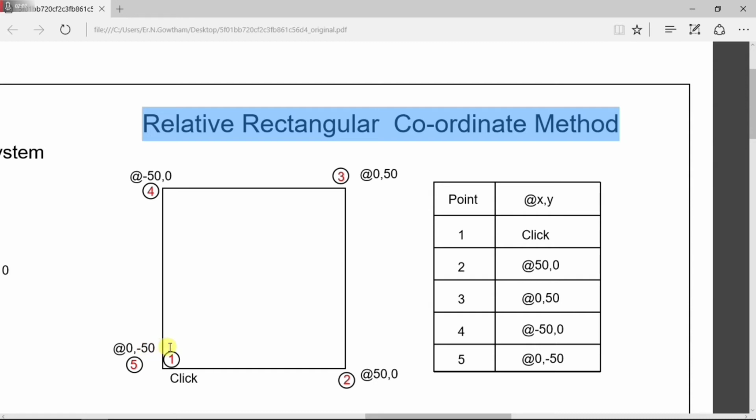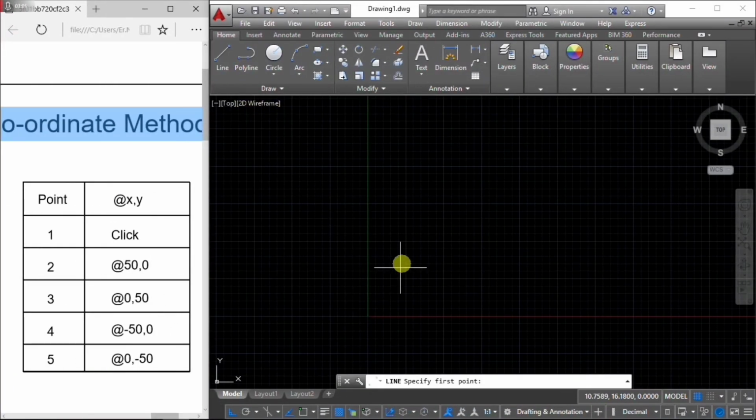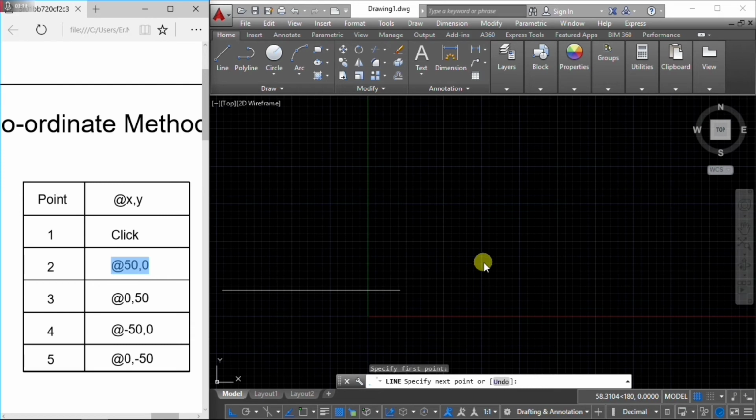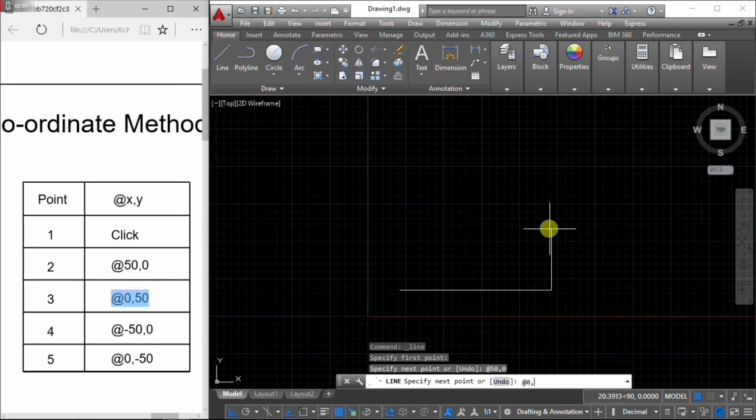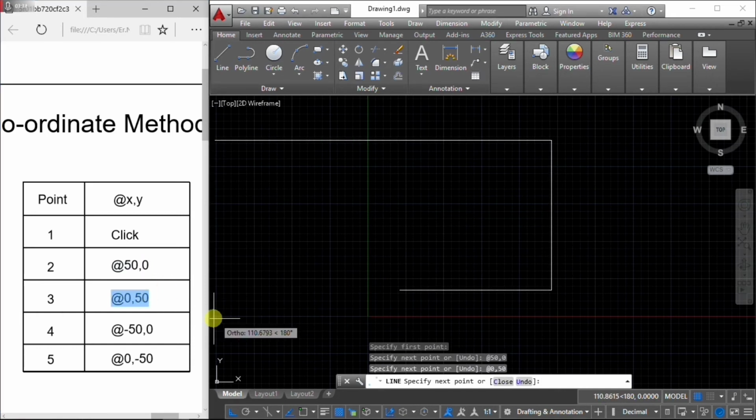Now let us see how to implement this diagram as per the relative rectangular coordinate method. Pick the line command and specify the first point and enter @50, 0. And for the third point, enter @0, 50, because we are moving in the y direction, right?